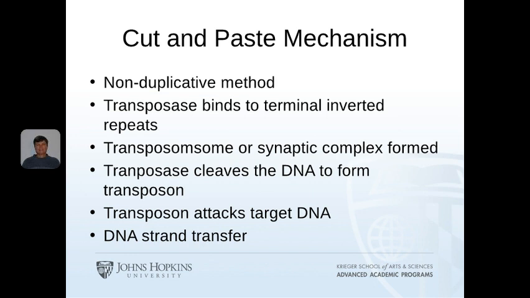This binding forms a transpososome or synaptic complex, and the transposase can then cleave the DNA to form the transposon. The transposon attacks the target DNA, and the transposon DNA is transferred to a new location in the DNA.